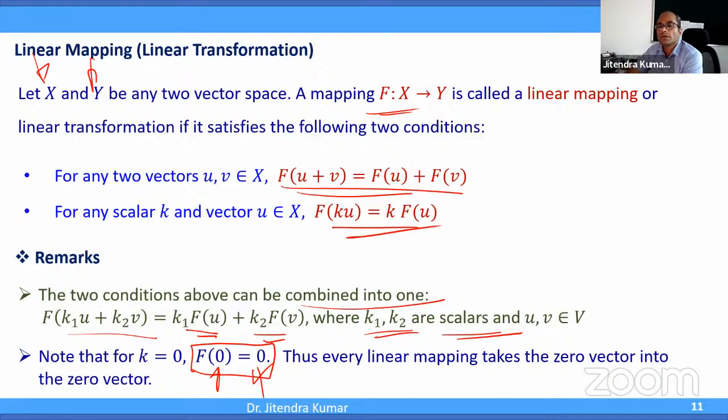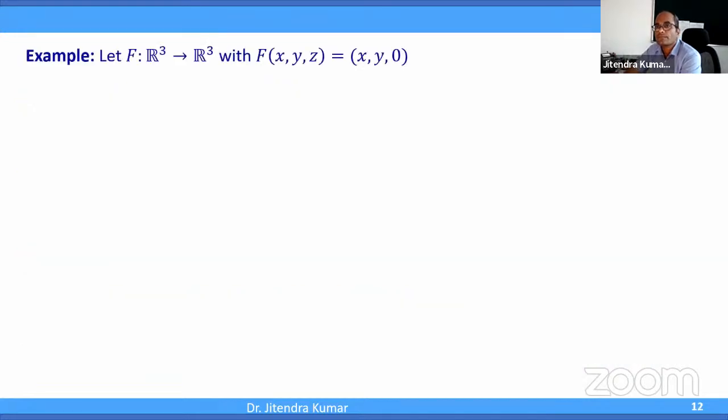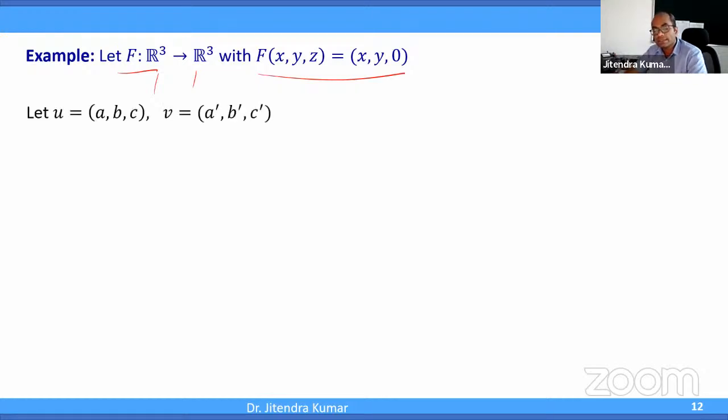Next we have this example: f, the linear map from R3 to R3 given by (x, y, z) mapping to (x, y, 0). We'll check that this is a linear map. We take any two elements, (a, b, c) and (a', b', c').